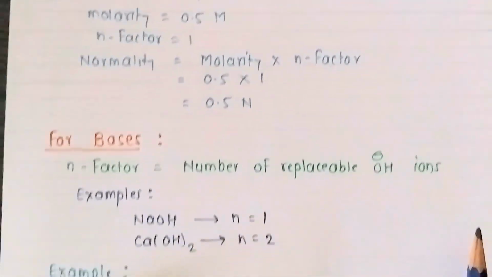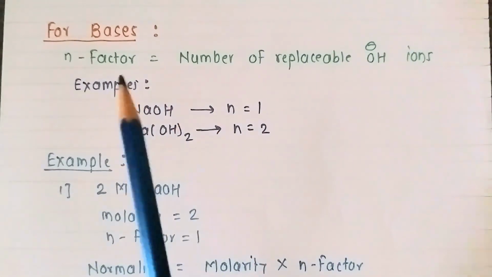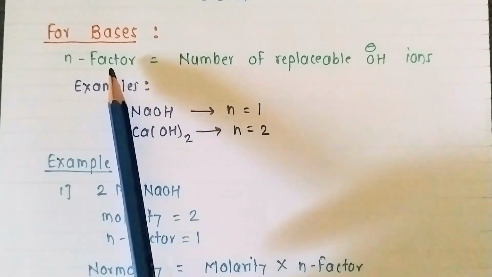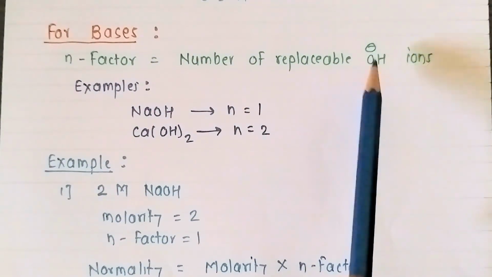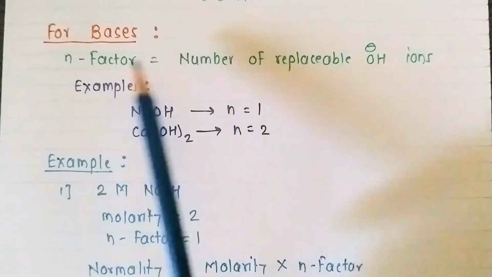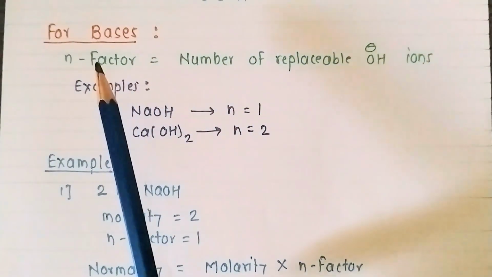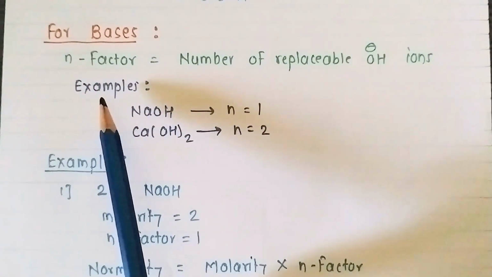Now we understand this concept for bases. First of all, we know the n factor for bases. For bases, the number of replaceable OH minus ions is the n factor. To understand this, we take an example.